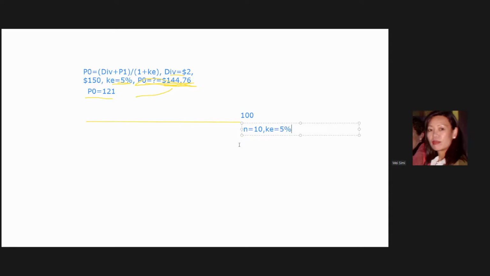What is this $100's value today? I just want you to worry about this cash flow's present value. So P0 of this cash flow is 100 divided by 1 plus 0.05, to the power of 10. So equal to what? Anybody working on that?